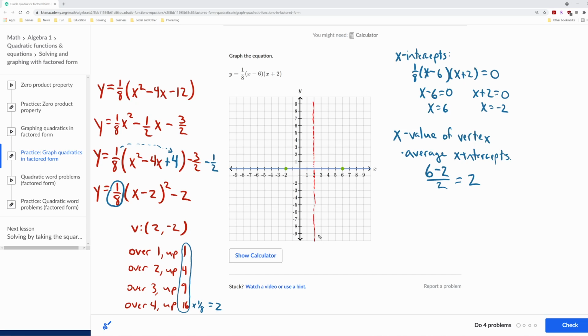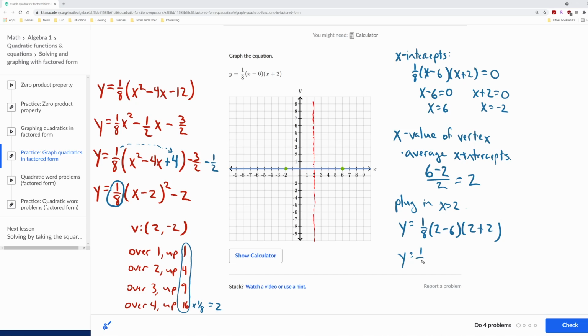And now if I want the y value of the vertex, well, all I have to do is plug in x equals 2. And that's going to give us the y value of the vertex. So we do y equals 1/8 times 2 minus 6 times 2 plus 2.